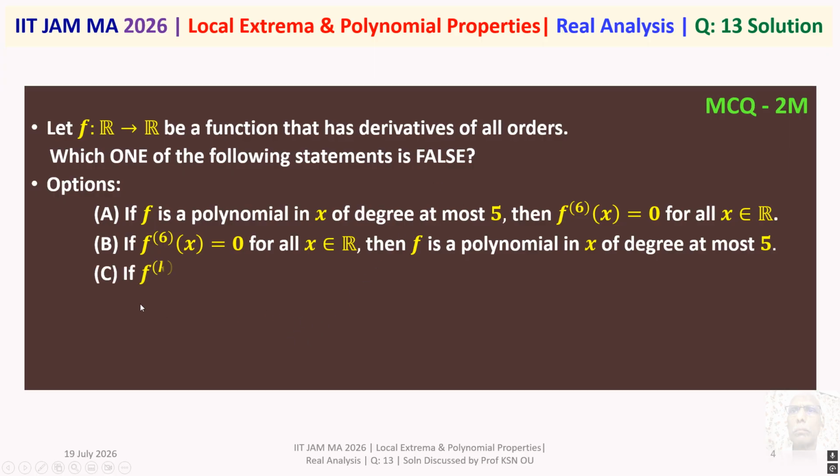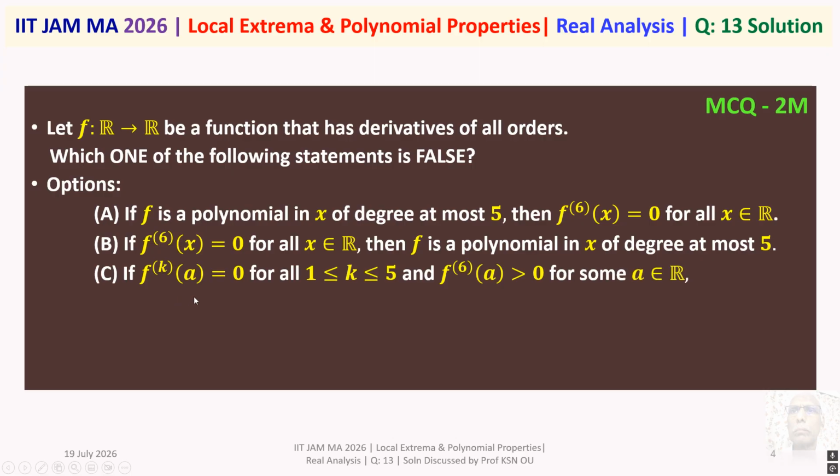Option C: if the kth derivative of f at a is equal to 0 for k equal to 1, 2, 3, 4, 5, and the sixth derivative of f at a is greater than 0 for some a belongs to R, then f of x has a local minimum at a.